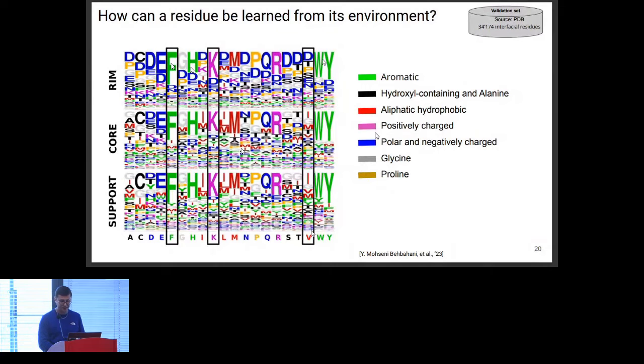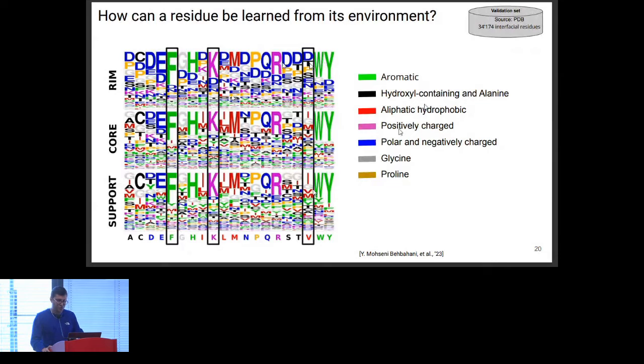For example, for valine in the rim region, it cannot find any residue-specific pattern, but in the support and core, at least it finds some patterns coming from the same aliphatic hydrophobic group. Here, the red ones.